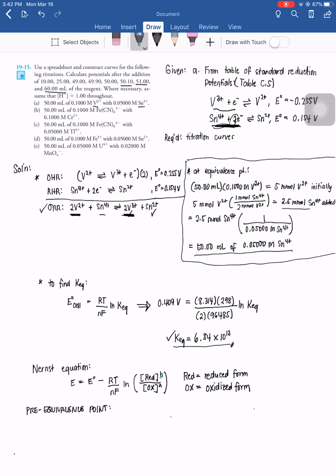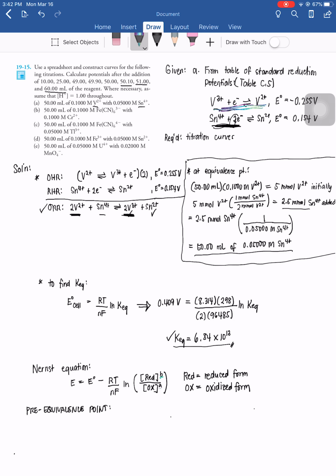The exponent b is whatever is the coefficient ng ating given species from the table, all over ox raised to power of a. A is the coefficient of the oxidized species.